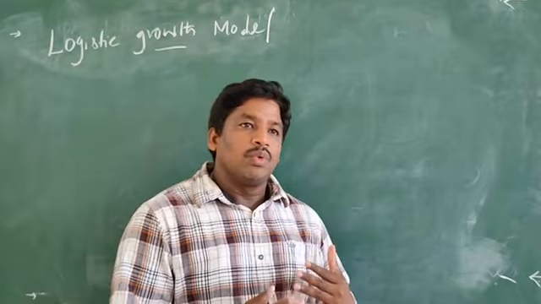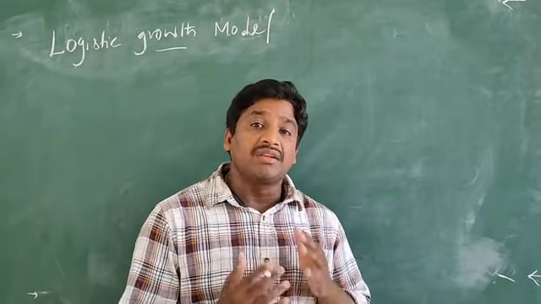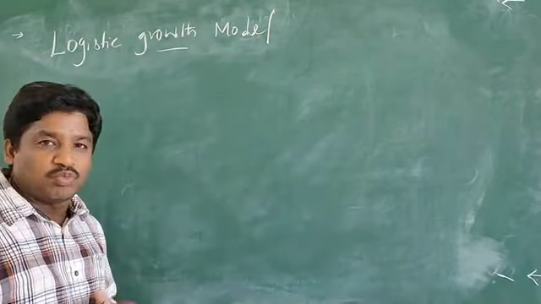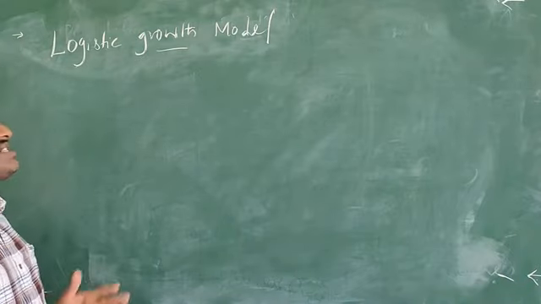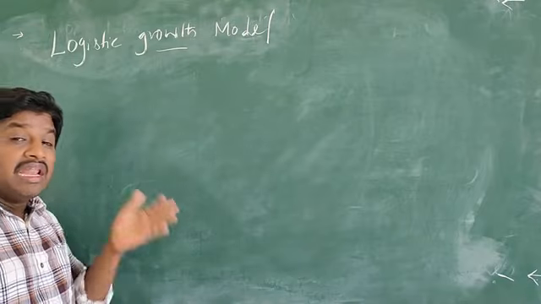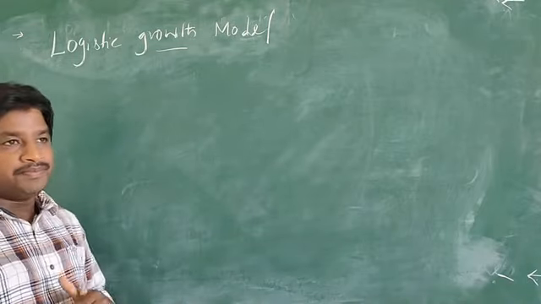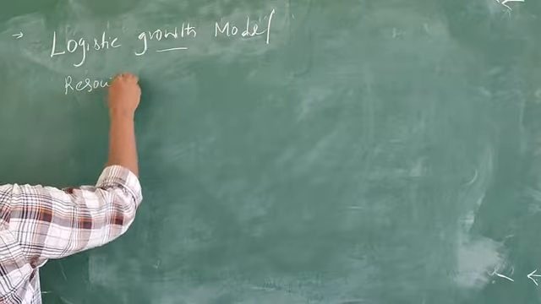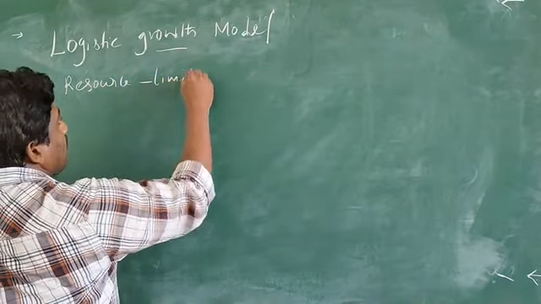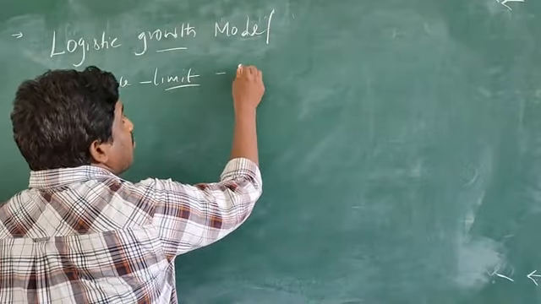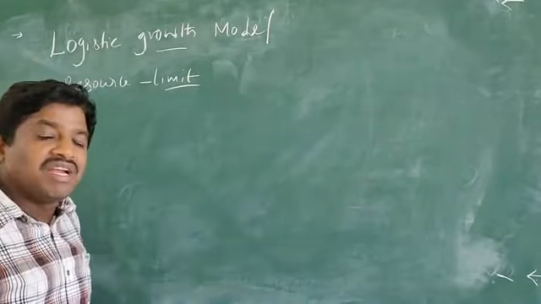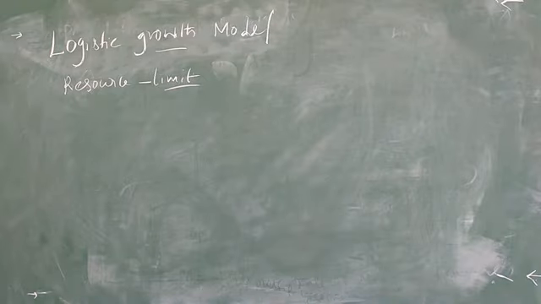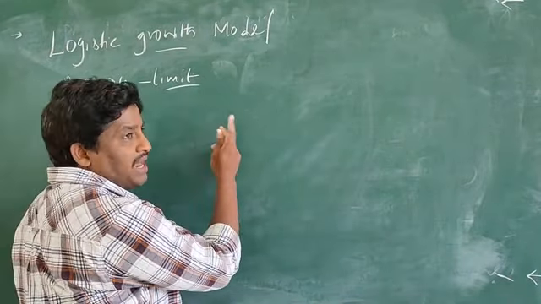In the previously discussed exponential growth model, resources are unlimited. Here in the logistic growth model, the resources become limited at a certain point of time. What will happen?